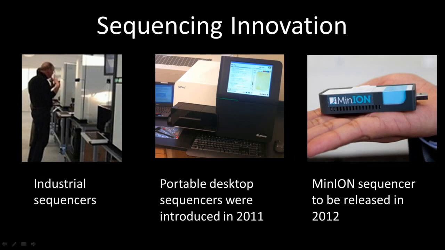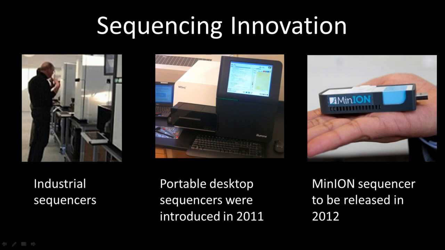devices. Not only are today's sequencers much faster than the previous devices, they're also being made smaller and easier to use. The portable desktop sequencer was introduced in 2011. It is priced near $50,000.